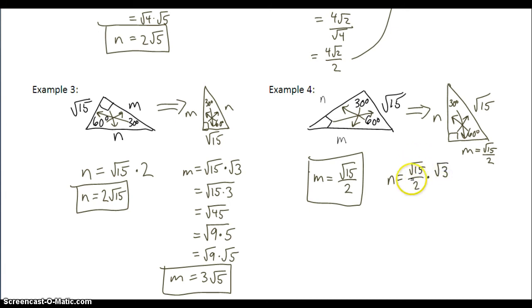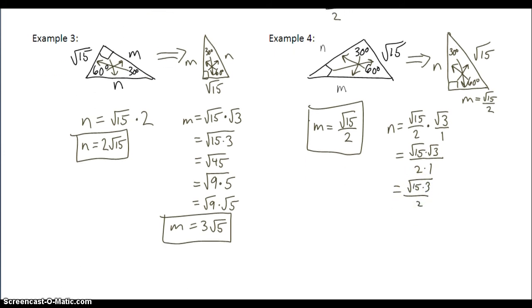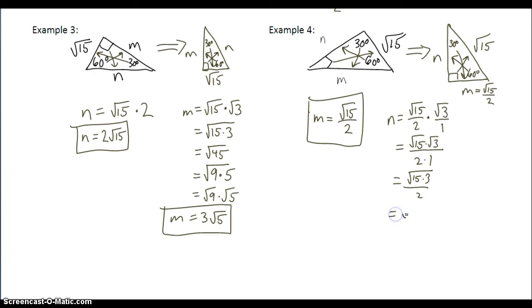Now if I look, this is a fraction. To multiply fractions, I'm going to turn the square root of 3 into a fraction. And then I'm going to multiply straight across. The square root of 15 times the square root of 3 over 2 times 1, which turns into the square root of 15 times 3 over 2, which is the square root of 45 divided by 2.